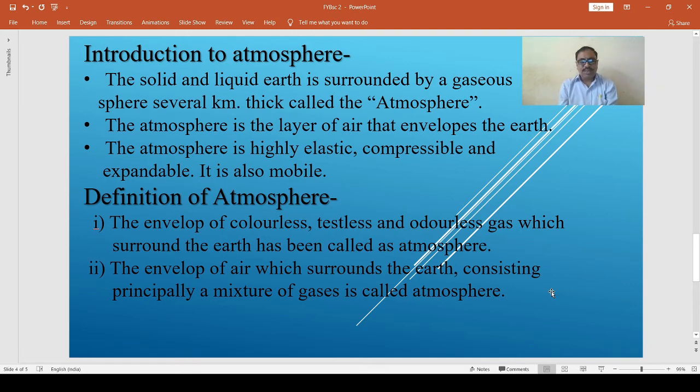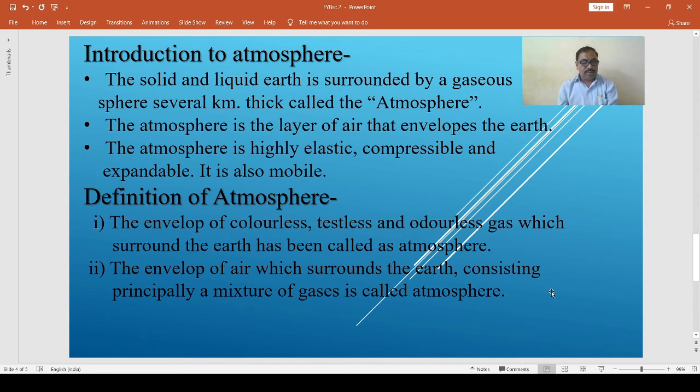Many assumptions have been made by many scholars regarding the study of atmosphere. About 400 kilometers from the sea level is regarded as the outer limit for study purposes. It is held to the Earth's surface by the force of gravity.